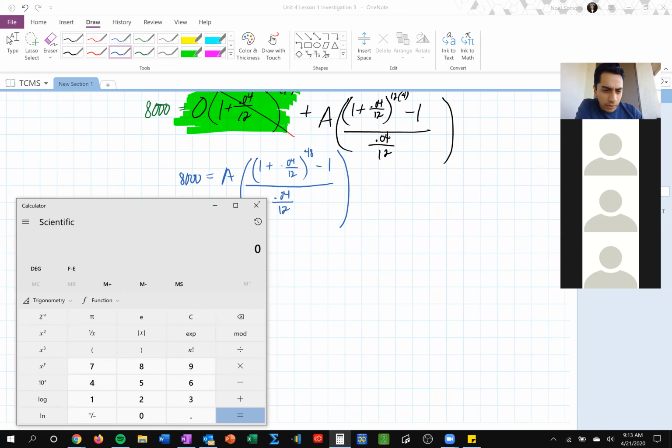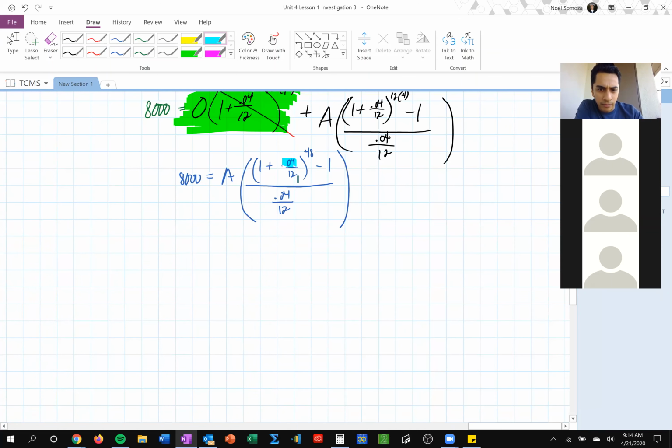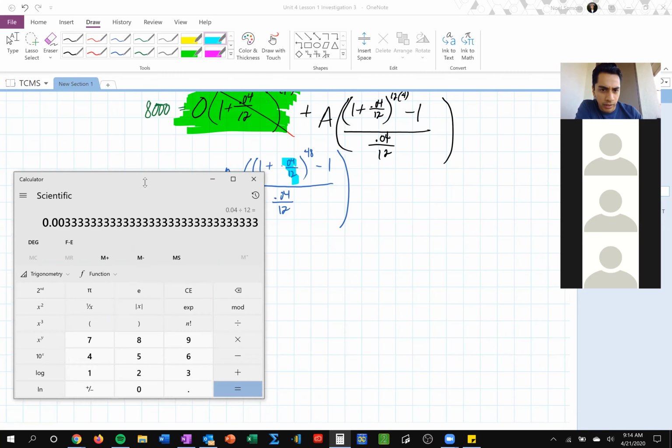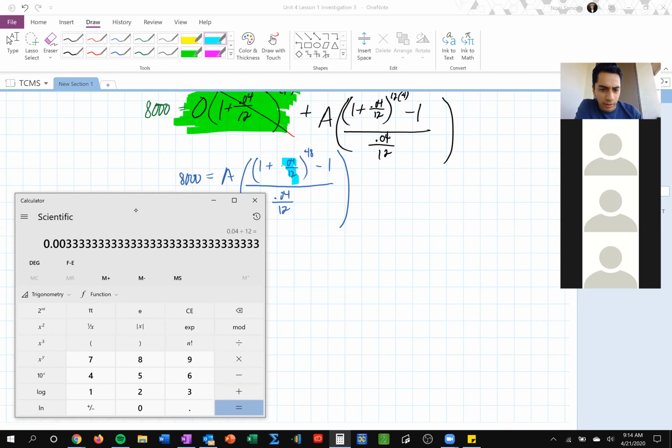All right, let's see. So we got inside of the big parentheses, the smaller parentheses there. Let's go ahead and clean that up. So we got 0.04 divided by 12. I'm going to start right here. 0.04 divided by 12. And then to that, I want to add 1. Then I take this value to the 48th power. And then we can subtract 1 from this.